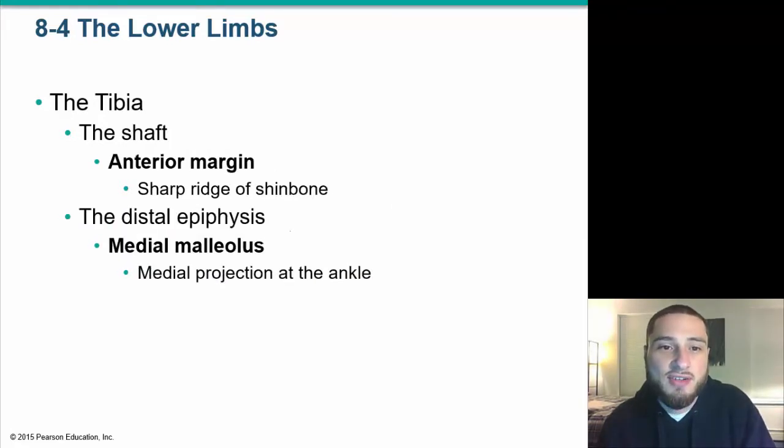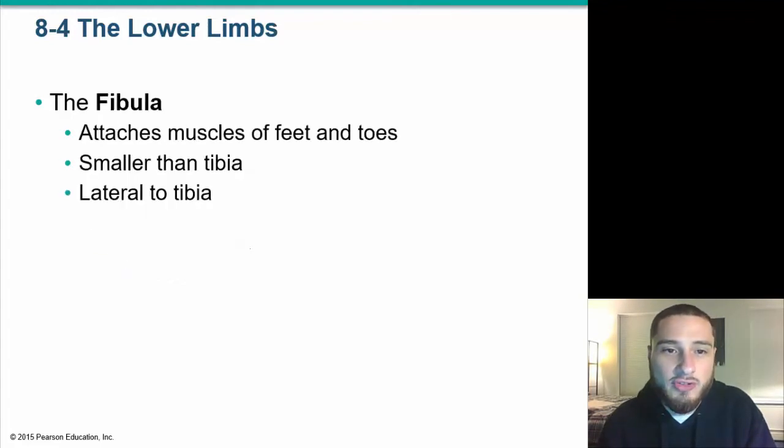The shaft has an anterior margin, which is a sharp ridge of the shin bone, and the distal epiphysis has the medial malleolus, which is the projection on your ankle. If you feel your ankle, you can feel on the inside something jutting out. That part of your ankle is called the medial malleolus.